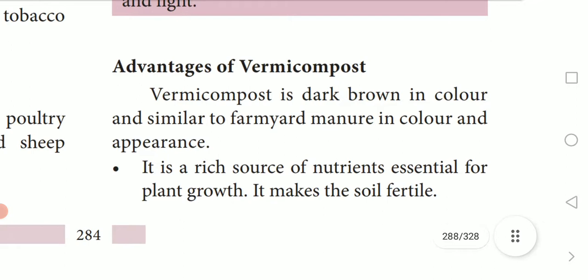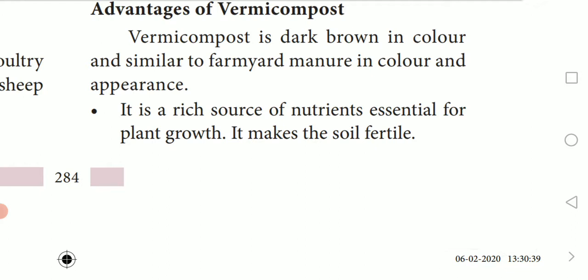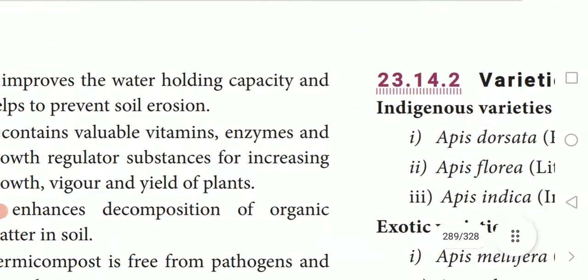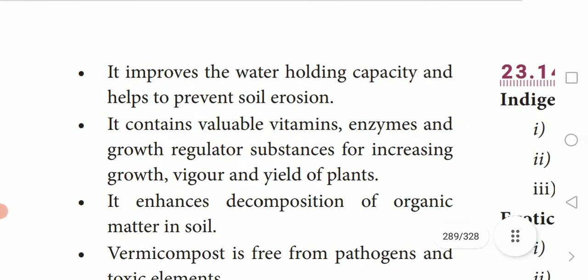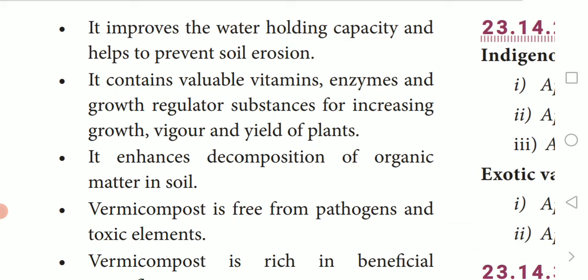What are the advantages of vermicomposting? Vermicompost is dark brown in color and similar to farmyard manure in color and appearance. It is a rich source of nutrients essential for plant growth. It makes the soil fertile, improves the water holding capacity, and helps to prevent soil erosion.